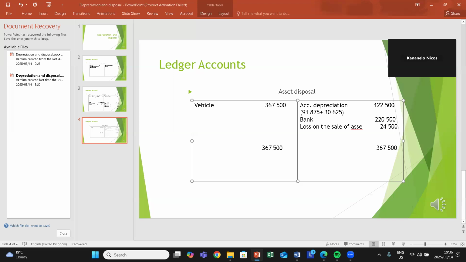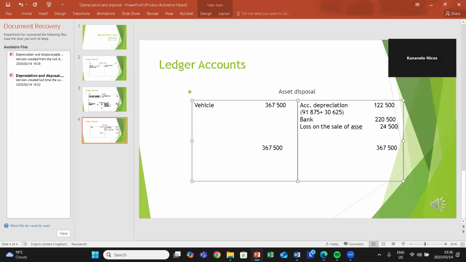And then on the credit side, you record the accumulated depreciation, the aggregate depreciation. You say accumulated depreciation at the beginning, plus the depreciation for the current financial year. At the beginning they did provide you with it, 9,275, and then we added it with the depreciation for the current financial year, which gave us 122,500.